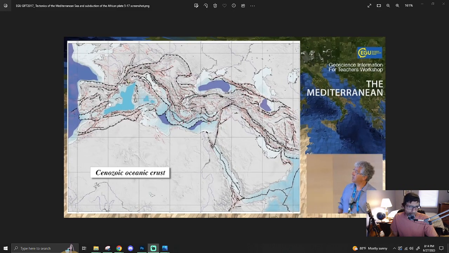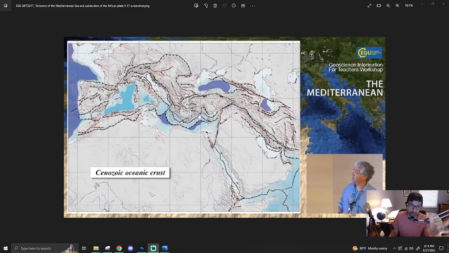So then we get Cenozoic oceanic crust over here. So this came before the eastern portion of Mediterranean and the seas came before the Cenozoic oceanic crust. Which kind of gives me the impression that the current's flowing generally laminarly until it runs into the opposing current, and the closer it gets to the opposing current, the more turbulent it becomes, and the more the two currents approach each other, the more they enter this transitional interaction zone.